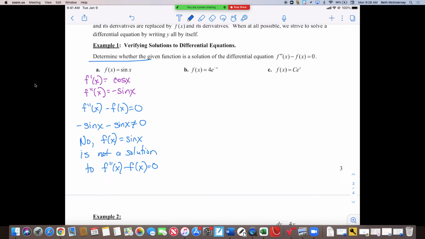Yeah, so in part C, that C is in fact a constant. And the way that you know that is it's f of x, so any other letter is going to be a constant.